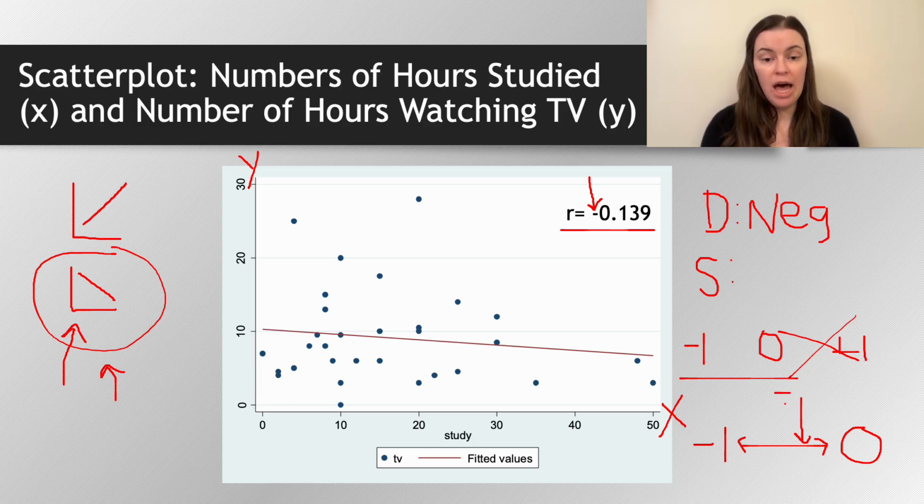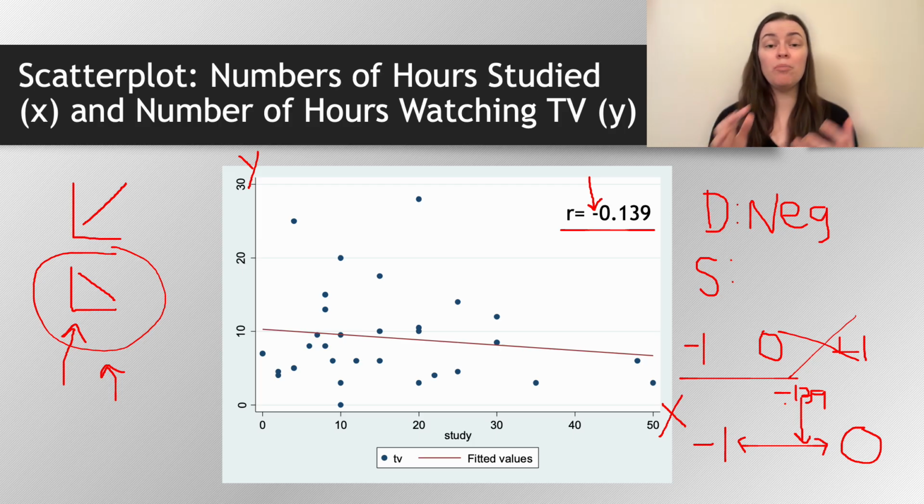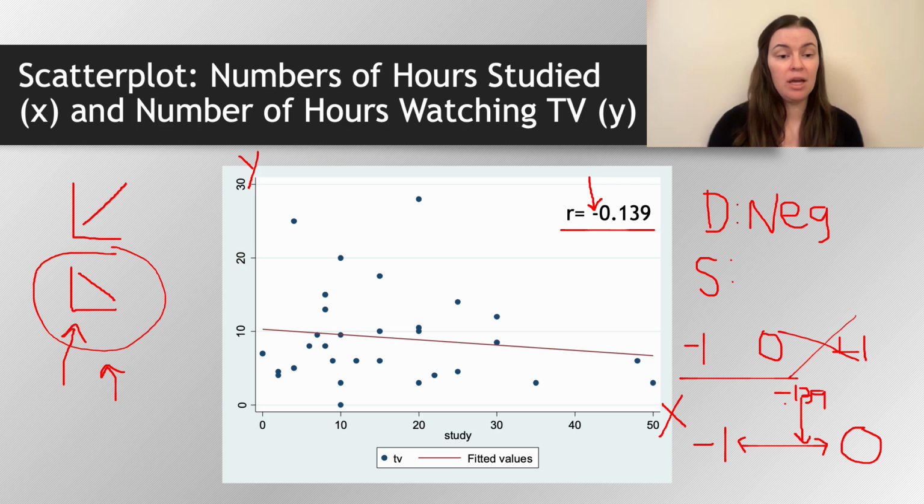This is where I will plot out our negative 0.139 here. And so what that's telling me is I'm closer to no relationship at all than to a perfect negative relationship. Remember that the spurious or no correlation line is a flat line like this.